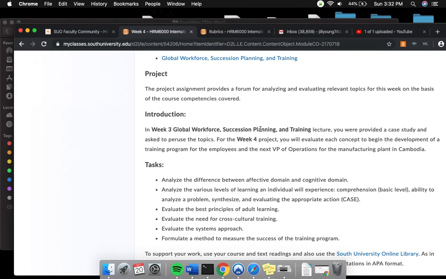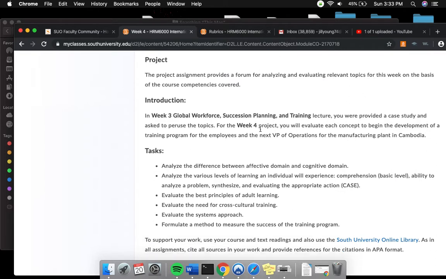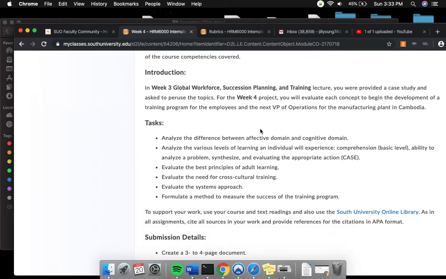Now, this assignment talks about your lecture from week 3. You're given a case study and asked to peruse the topics. So for the week 4 project, you're going to evaluate each concept and begin development of a training program for the employees in that case study. Make sure to read that carefully, and then you're going to address all these tasks.